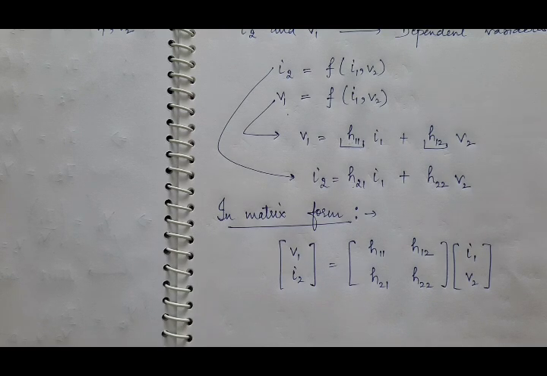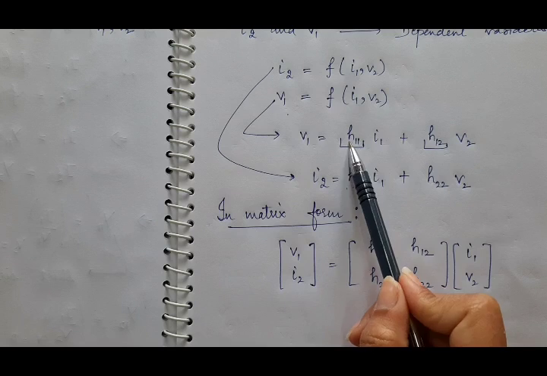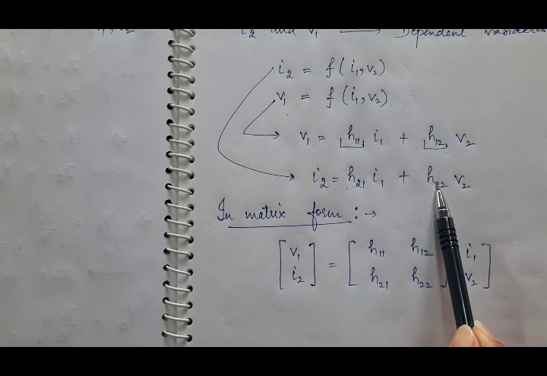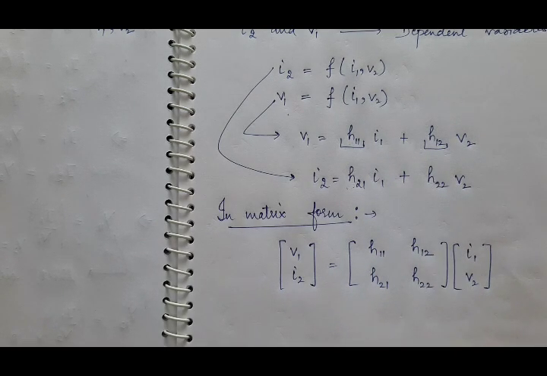It means they are mixed. So that is why they are known as hybrid parameters. The dimensions of these four parameters in this case are not the same. One has the dimensions of impedance, second admittance, and two are dimensionless.